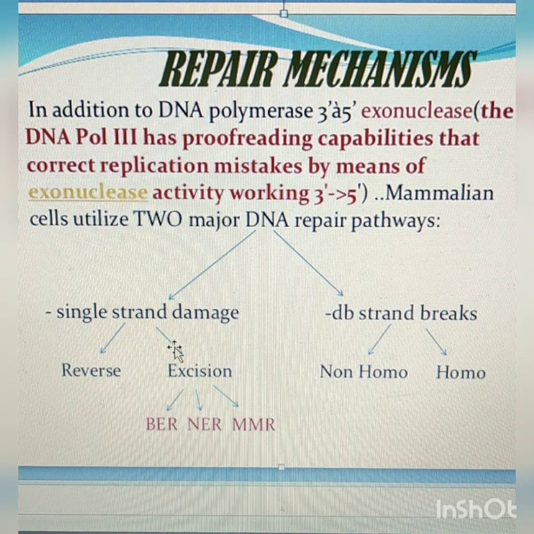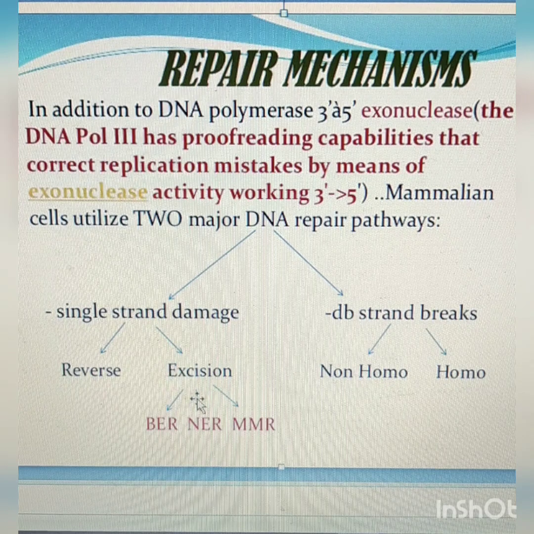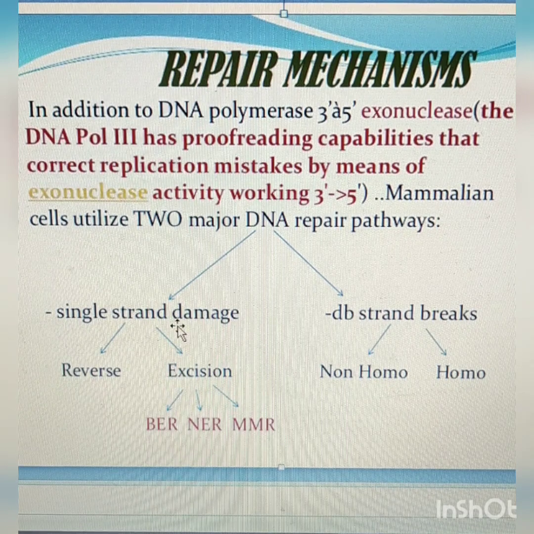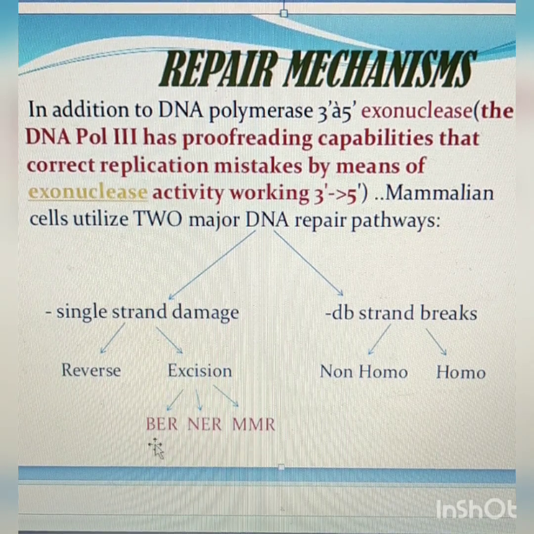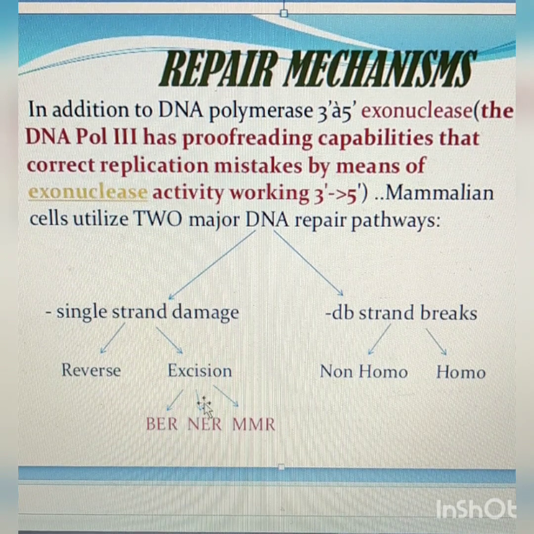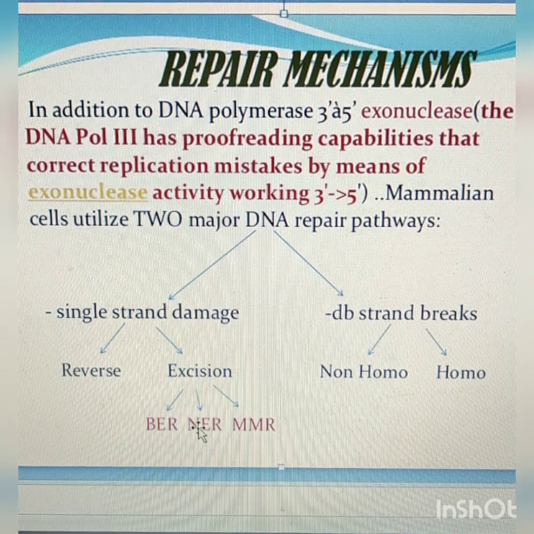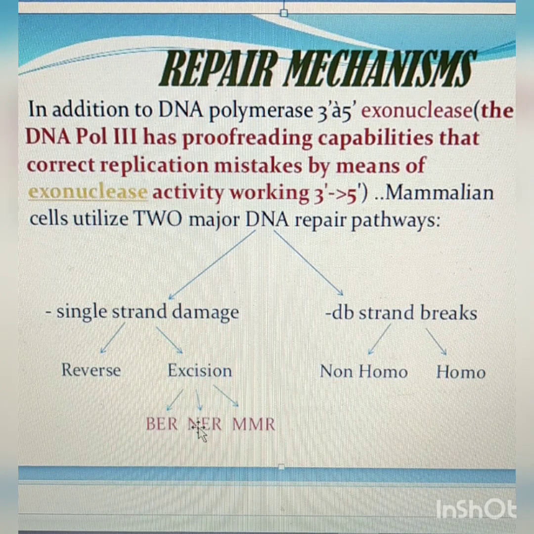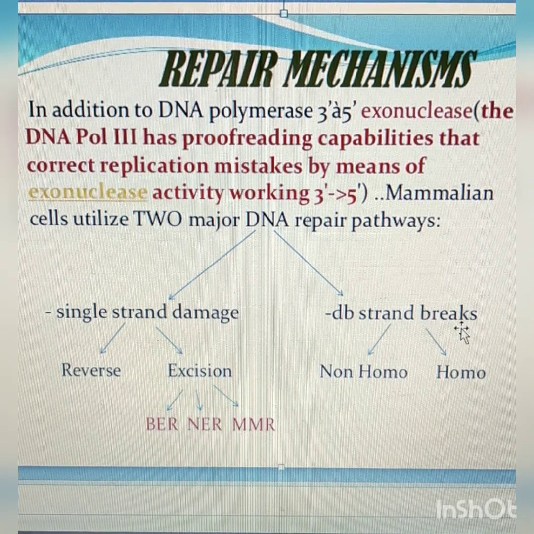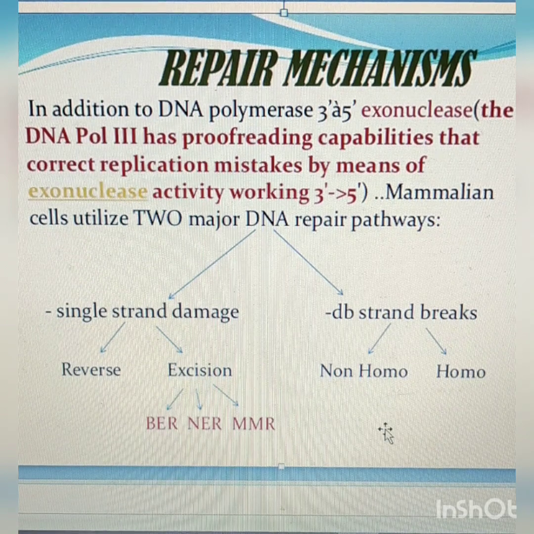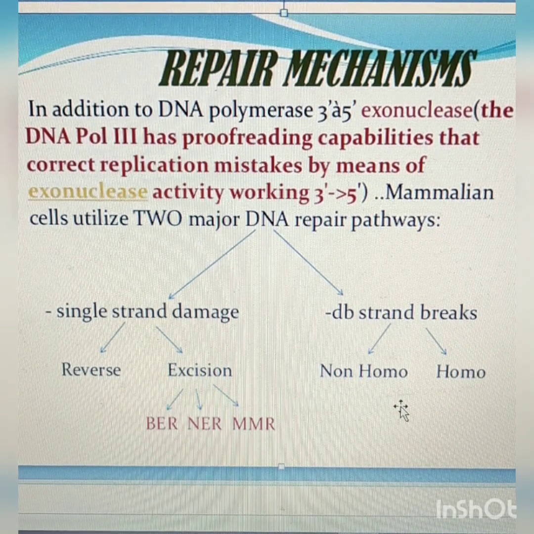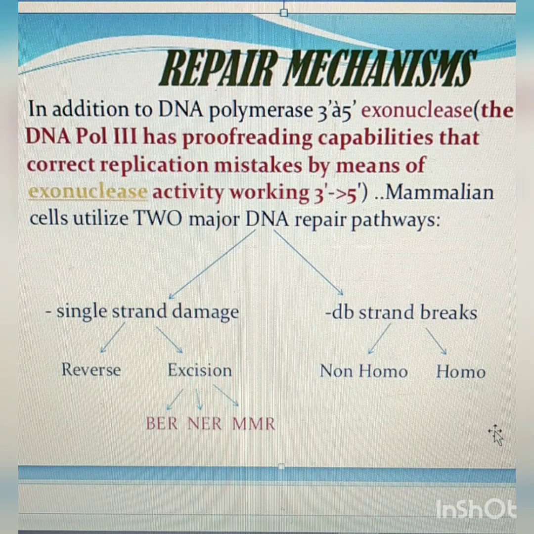The mismatches are mainly corrected by excision repair. There are two types of excision repair in your syllabus, that is base excision repair and nucleotide excision repair. And the double strand breaks are repaired by non-homologous recombination and homologous recombination.